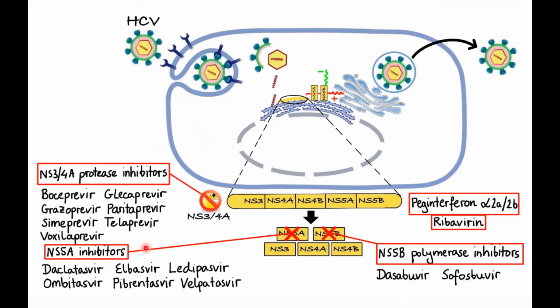The next group is NS5A inhibitors. So these include daclatasvir, elbasvir, ledipasvir, ombitasvir, velpatasvir, and others. These drugs are inhibiting the NS5A protein, and also a similar group is NS5B protein inhibitors, including dasabuvir and sofosbuvir.